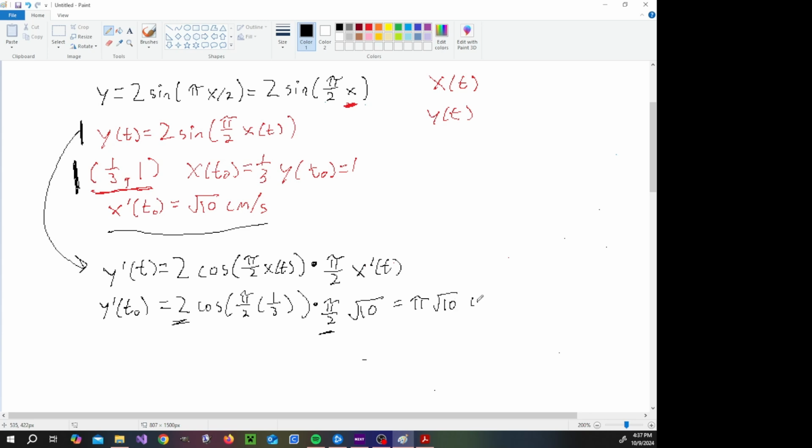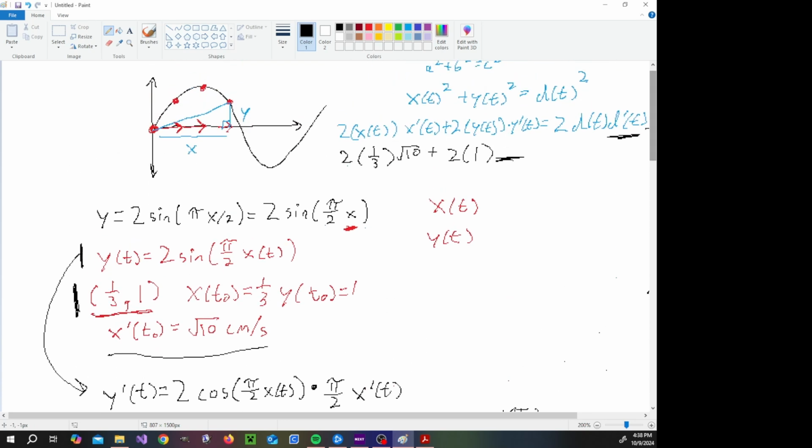And now we want the cosine of pi over 3, 2 times 3 is 6, so pi over 6, and cosine of pi over 6 should be root 3 over 2. So this is pi times the square root of 10 times the square root of 3 over 2. So now we figured out what y prime is at that moment. So going back up here, we plug that thing in for y prime.